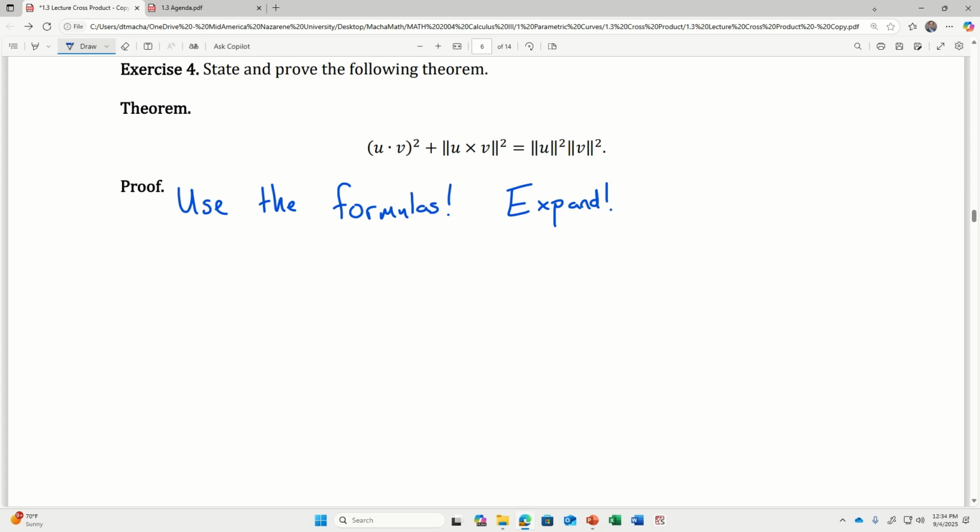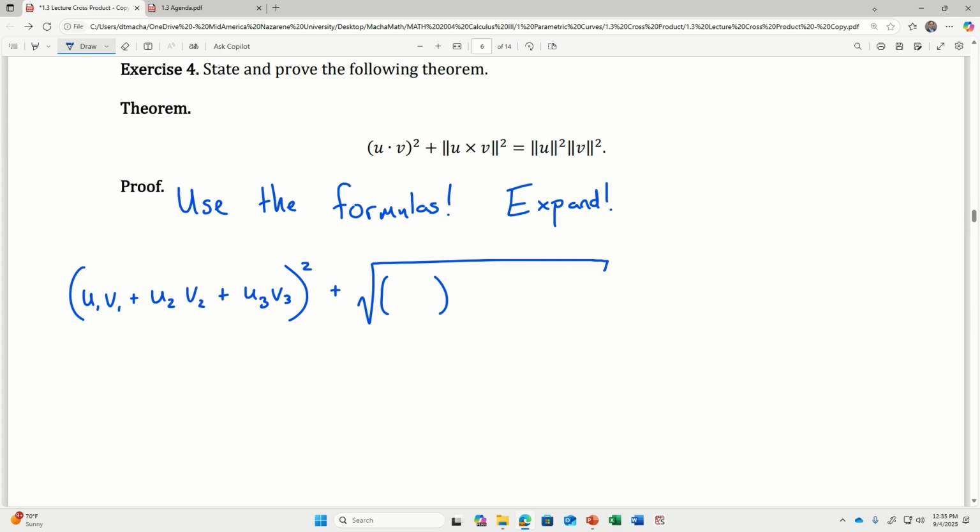So when I've got u dot v, that's going to be u1 v1 plus u2 v2 plus u3 v3. That's how I take a dot product. And then we want to square that, right? Plus the norm of u cross v squared. So the norm is what I get whenever I do the square root of each entry squared added up together. You guys remember the norm?